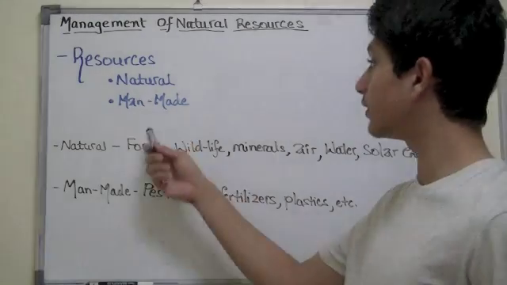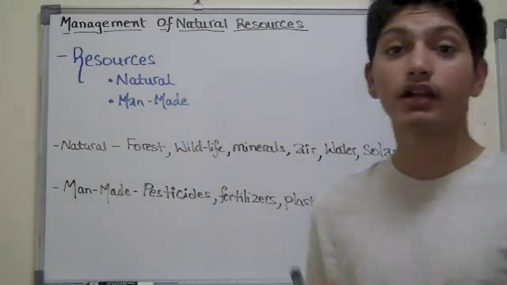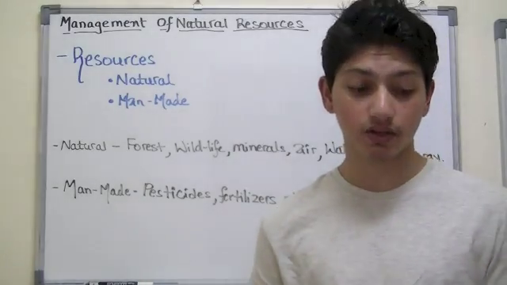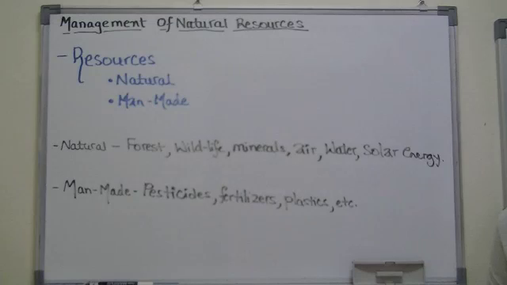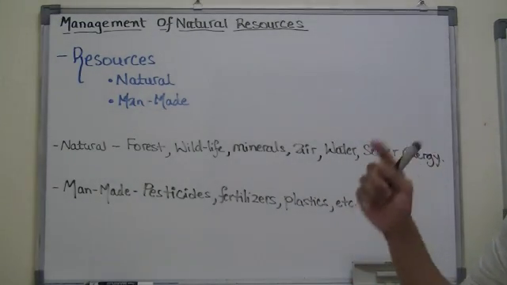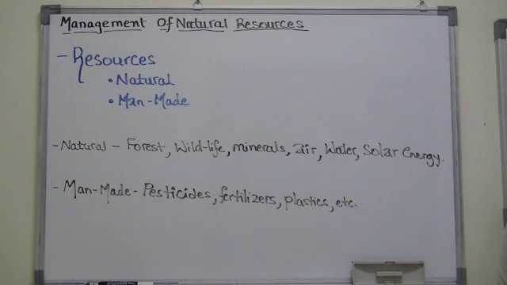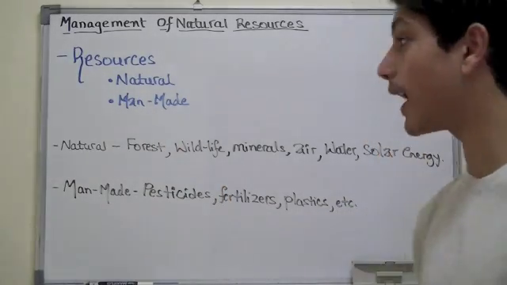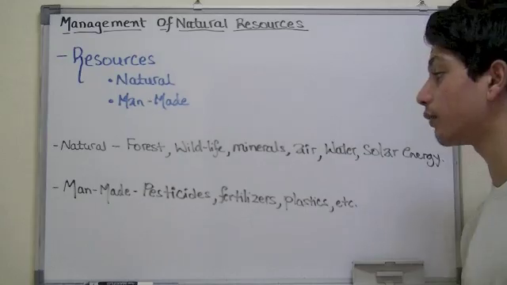Okay? Now man-made resources are resources that are created by man from the form of nature, by mixing materials and things along those lines. Okay? Now these are substances which do not occur naturally in the environment, or basically they're made by man, or synthesized by man, or brought together by man.